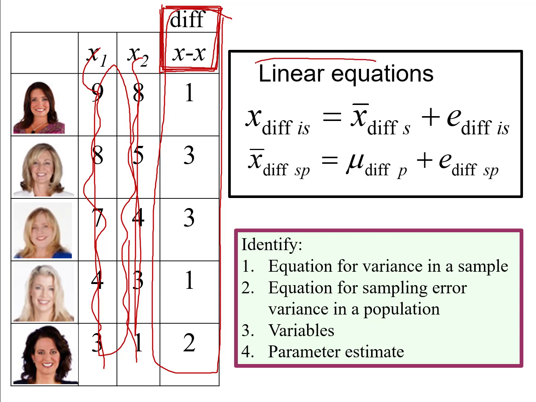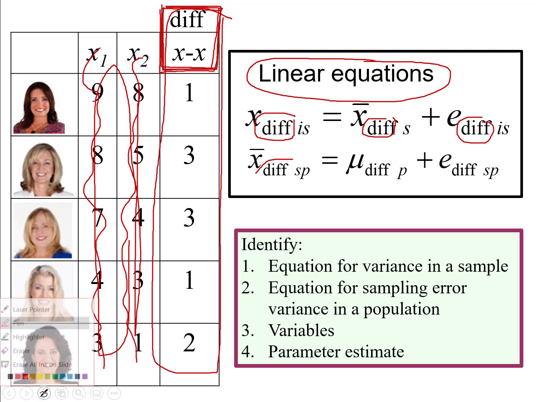So here we have our linear equations, and you will note these linear equations are the exact same equations that we saw in our previous unit, except I've added the subscript DIFF all over the place to clarify that all these things pertain to difference scores.